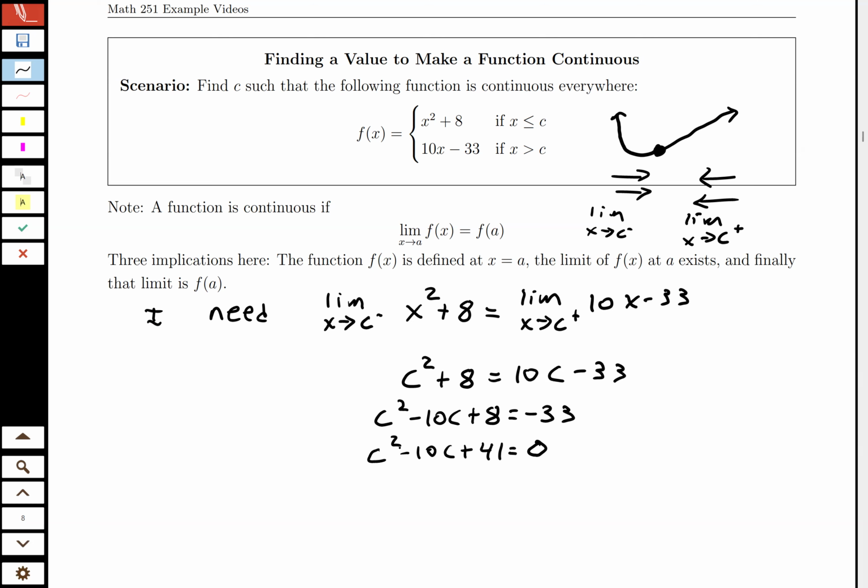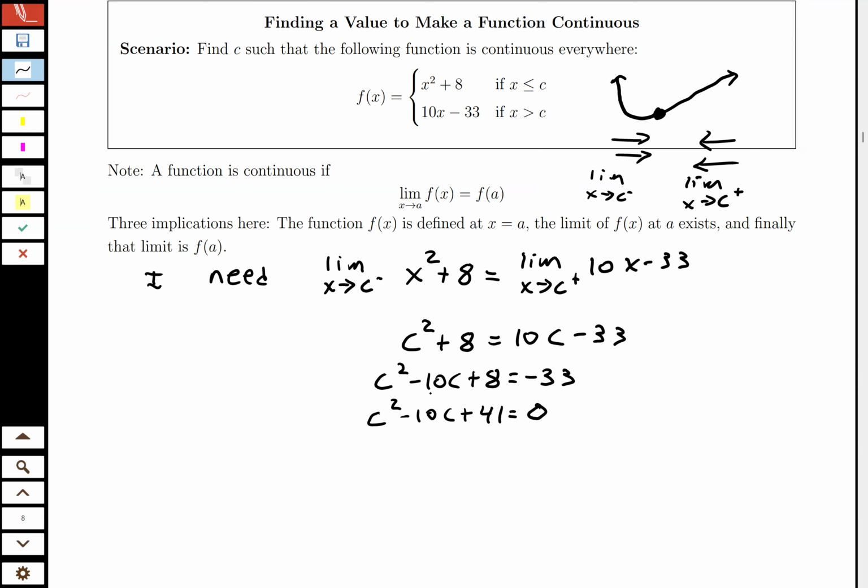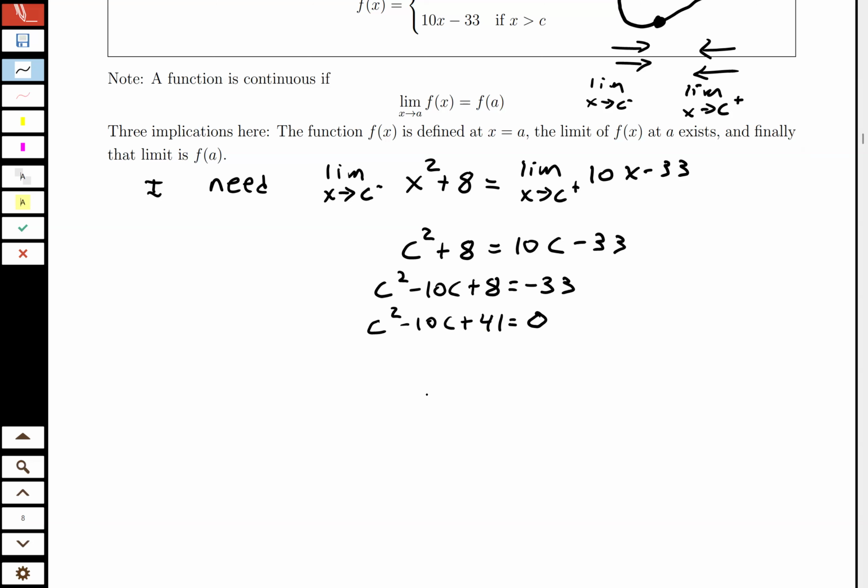And this gives me c squared minus 10c plus 41. And now I'm trying to find numbers that multiply together to give me 41, but add to give me 10. Not that many numbers go into 41, though, so let's try to use the quadratic formula.